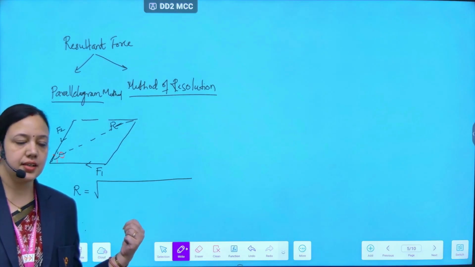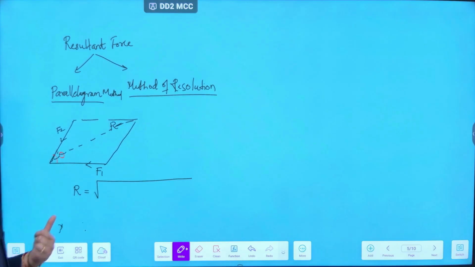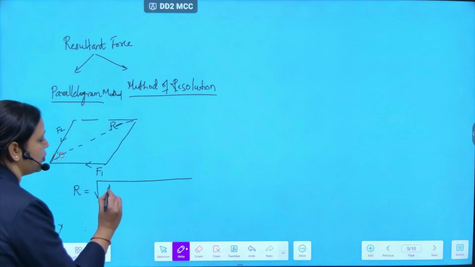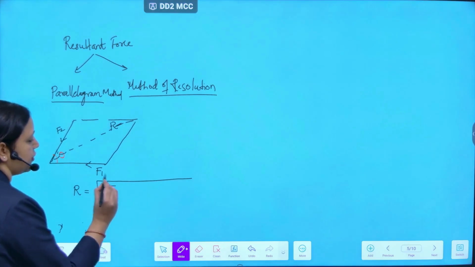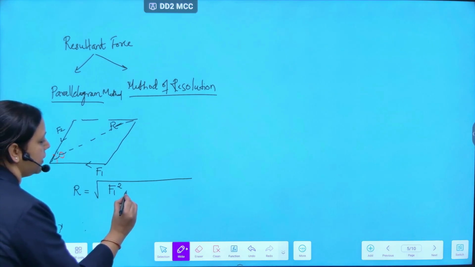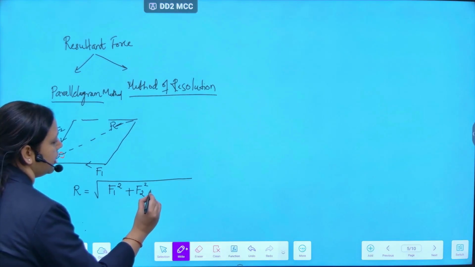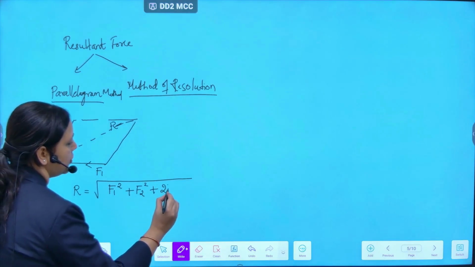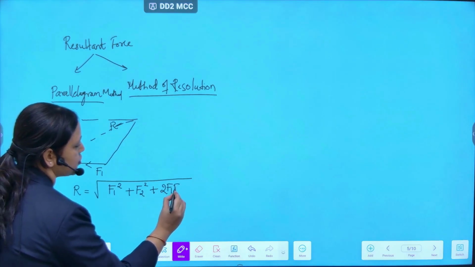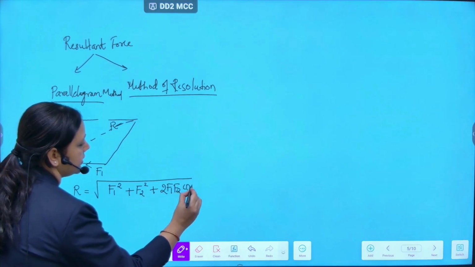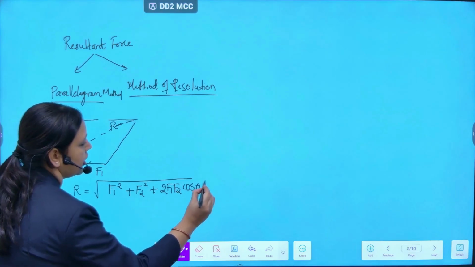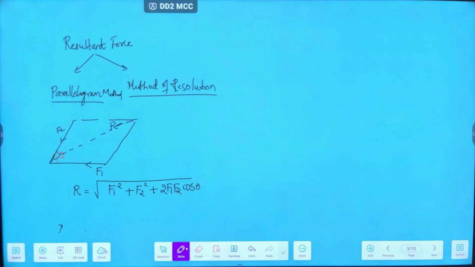So the diagonal over here, R, is calculated as, if I take this force F1 as our first force, R equals the square root of F1 square plus F2 square plus 2 F1 F2 cos theta, where theta is the angle between the two forces.